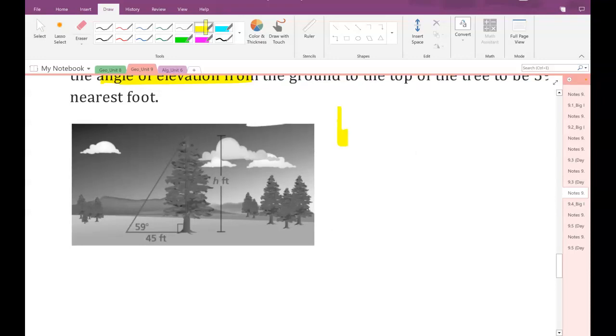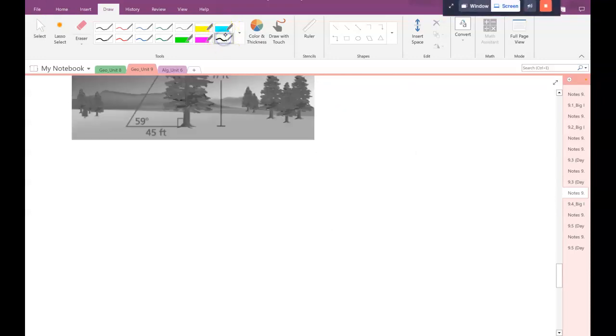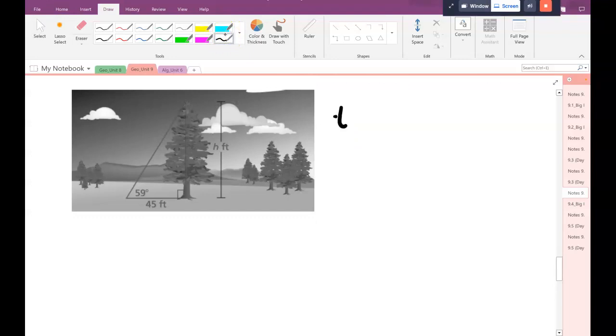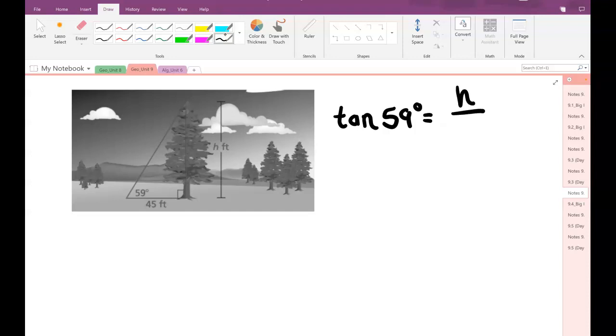So we could say the tangent of 59 degrees is going to be equal to our opposite side divided by our adjacent side. Our opposite side of the 59 is across our triangle, so it's H. Adjacent would be our base here, which would be 45 feet.